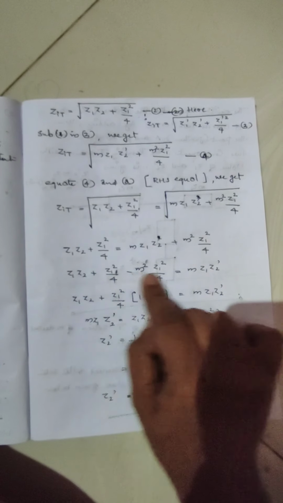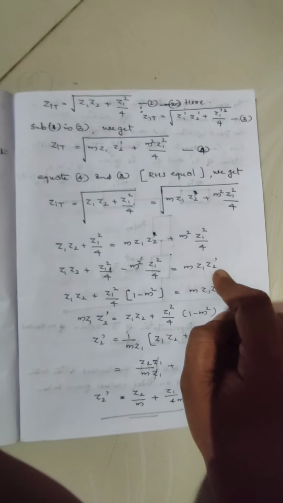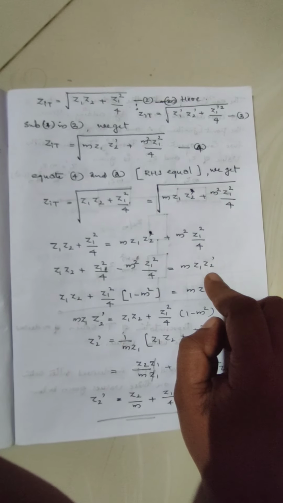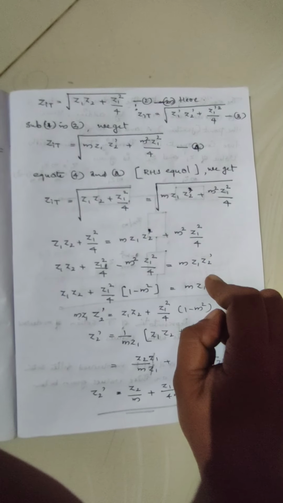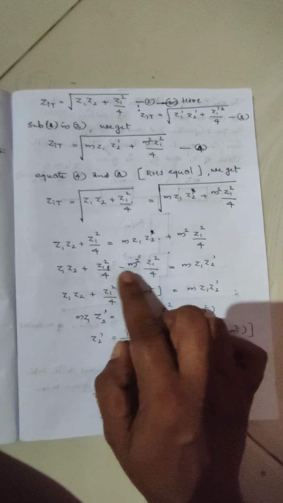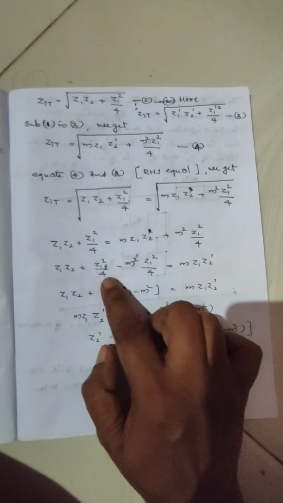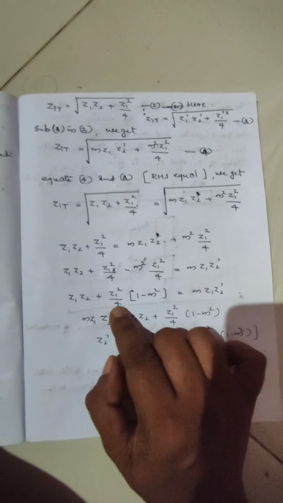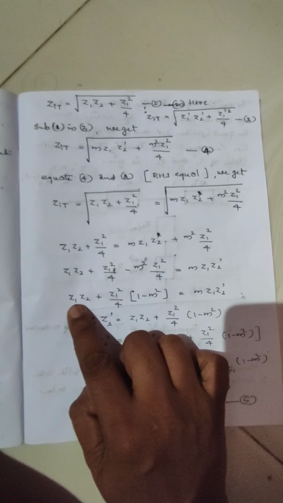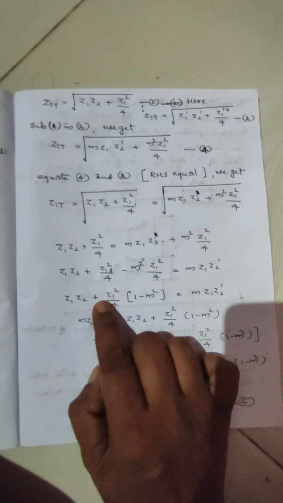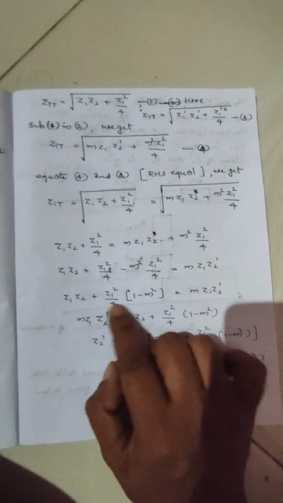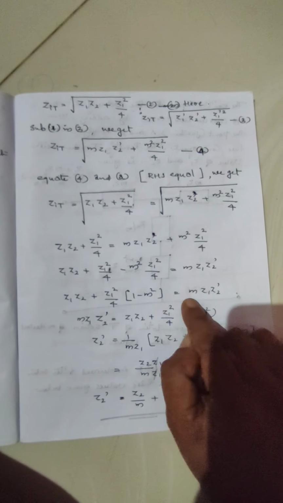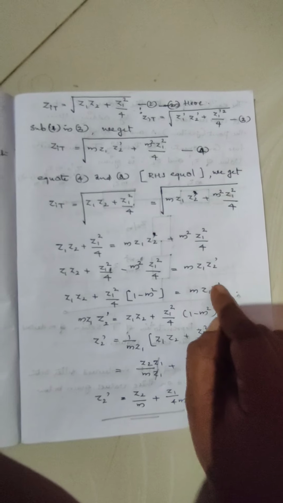From these equations we want to calculate the expression for z2 dash. In this term, z1 square by 4 is common, so I take it outside. The equation is rearranged as z1 z2 plus z1 square by 4 into 1 minus m square equal to m z1 z2 dash.